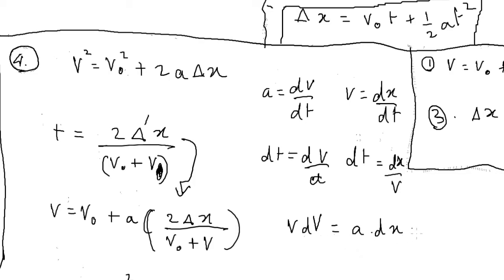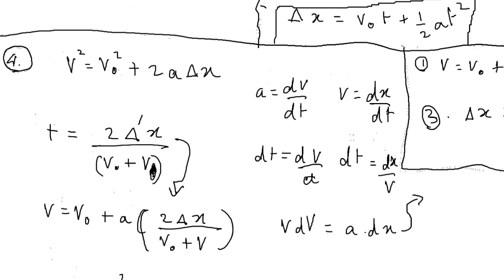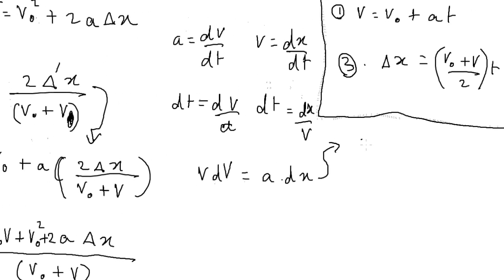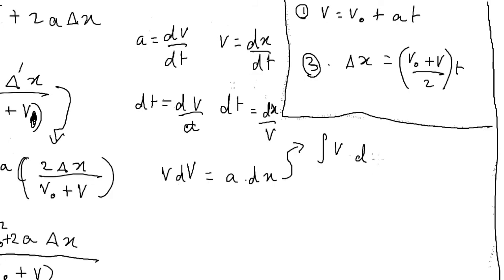Now let's take the integral of both sides. So the integral of velocity with respect to velocity is equal to the integral of acceleration with respect to the change in position. So for the limits of integration, we're going to have the limits for the velocity as some initial velocity to some final velocity. And for the acceleration, we're going to have some initial position to some final position.